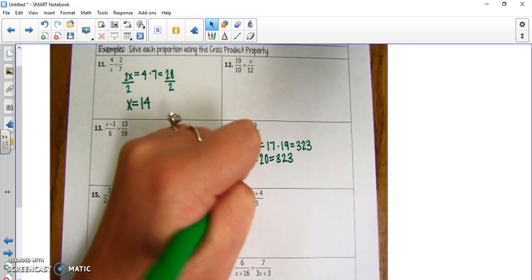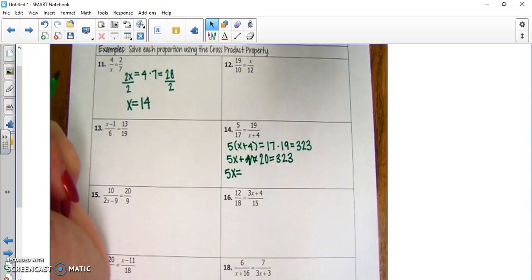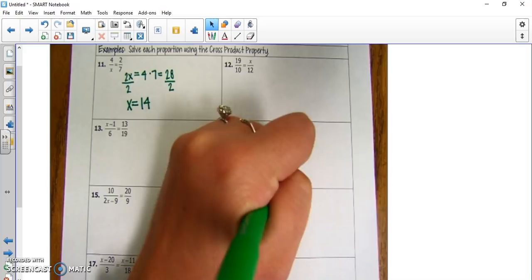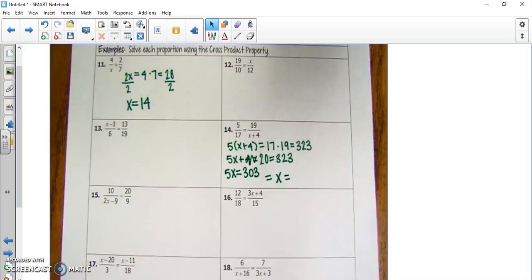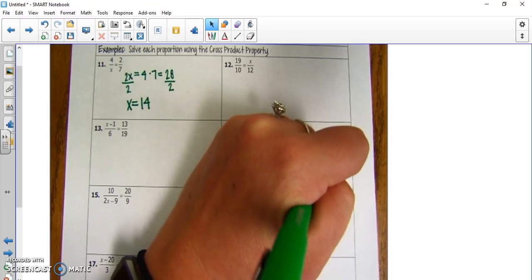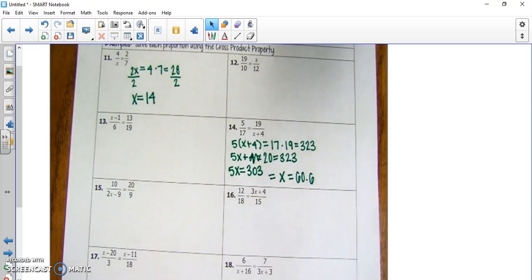So 5x equals 303. And then we can say that x equals 60.6. Alright, so those are your notes for today, so you have lots of practice to do. Alright.